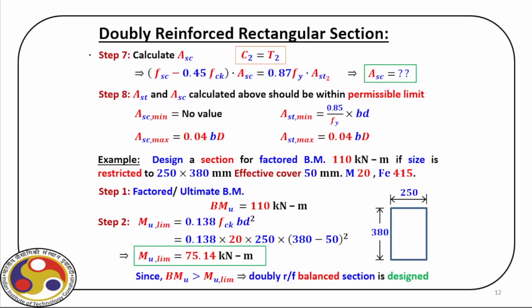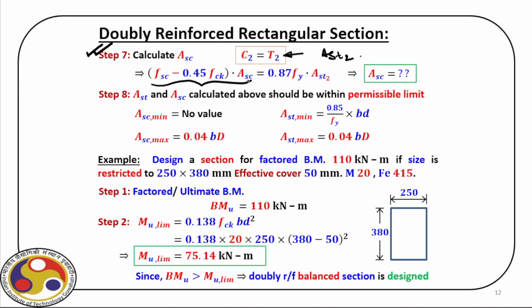It is here. In the seventh step, we again balance C2, that is, the compressive force in the steel provided in the compression zone, which is equal to T2 coming from AST2. From this equation, we know C2.